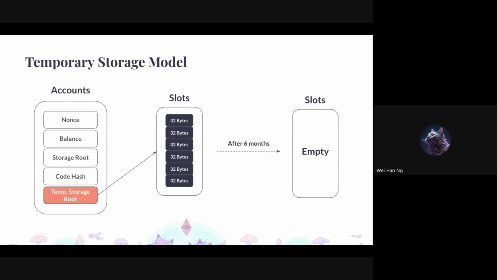All of the contracts in the protocol are automatically cleared out. I mean, clear out as in logically clear out, but I would imagine the EL clients will run a background process to clear out all of this data in the background. So yeah, that's one idea that we have.